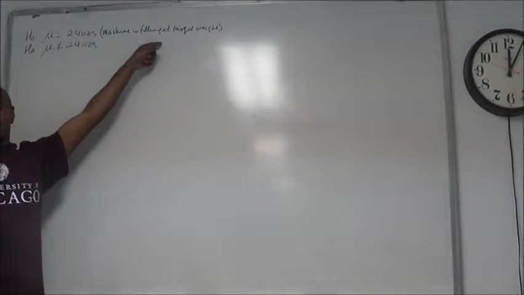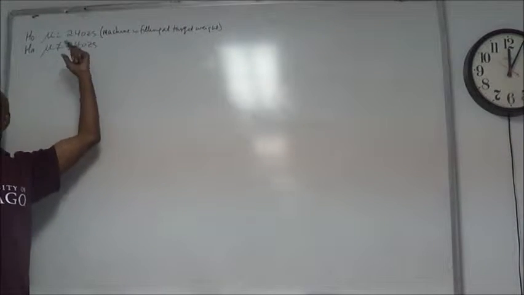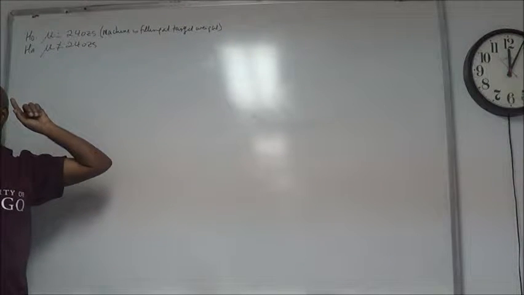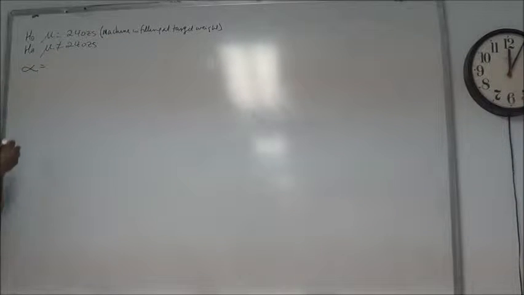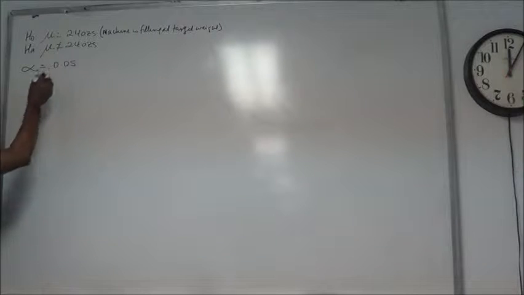Whenever you state H0 and HA, make sure you put a description for what one of those means. You don't have to put both, put one. So that's step 1, H0 and HA. Step 2, what is alpha? What is the level of significance for the test? It said it was 5%.